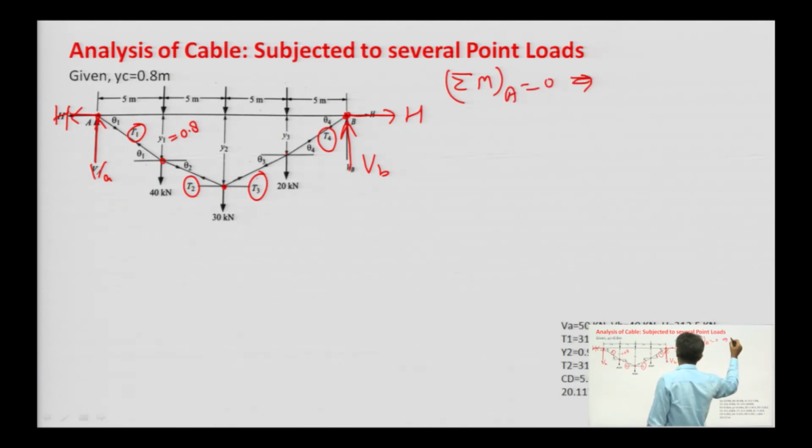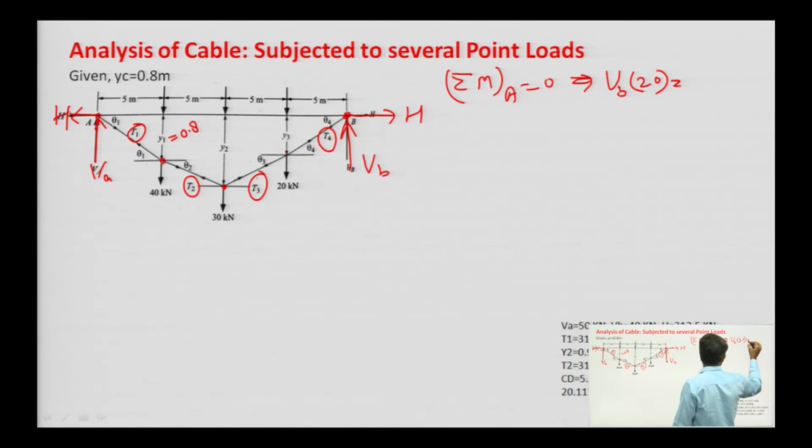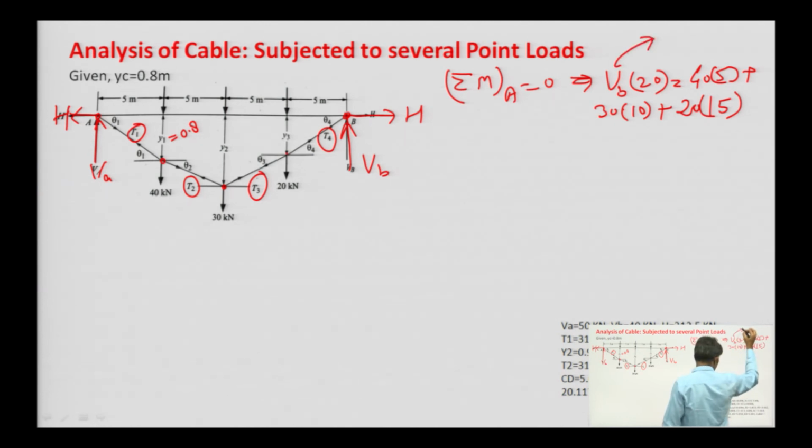Then VB times the total perpendicular distance, 5 plus 5 plus 5 plus 5, which is 20, equals 40 into 5 plus 30 into 10 plus 20 into 15.